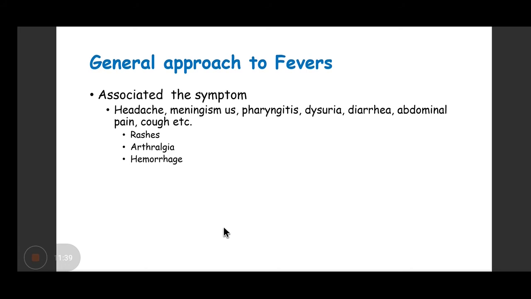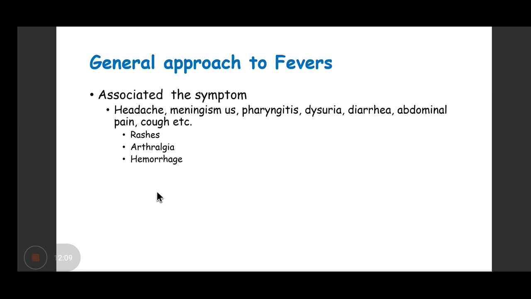Associated symptoms like headache, meningism, pharyngitis, dysuria, diarrhea, abdominal pain, cough, etc., rashes, arthralgia, hemorrhage, will also give you a clue for the diagnosis. For example, if it is meningism, which is nuchal rigidity, then you will suspect the patient is suffering from meningitis. If pharyngitis is associated with fever, then you will suspect an upper respiratory tract infection.